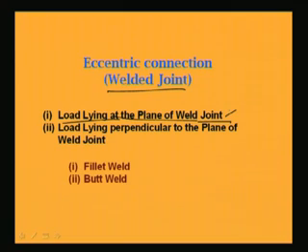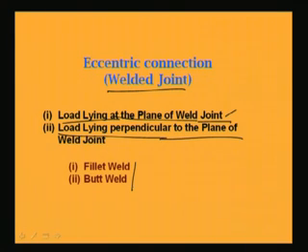So, we have to take care accordingly, and if the load is lying perpendicular to the plane of the joint, then the stress due to moment and the stress due to the axial load will come into picture. Accordingly the calculation has to be done, the design has to be made, and the size of the weld has to be decided. Two types of welding we generally use for buildings, bridges or other common types of structures: one is fillet weld, another is butt weld.